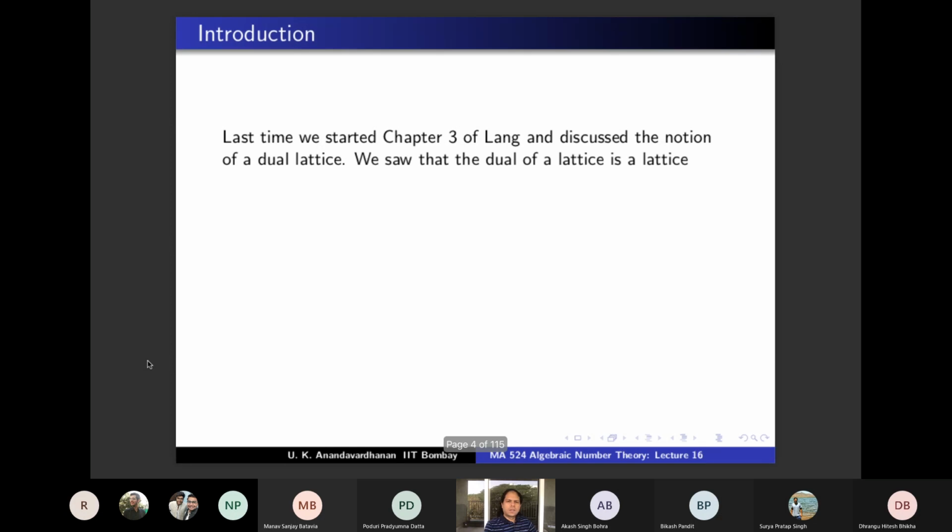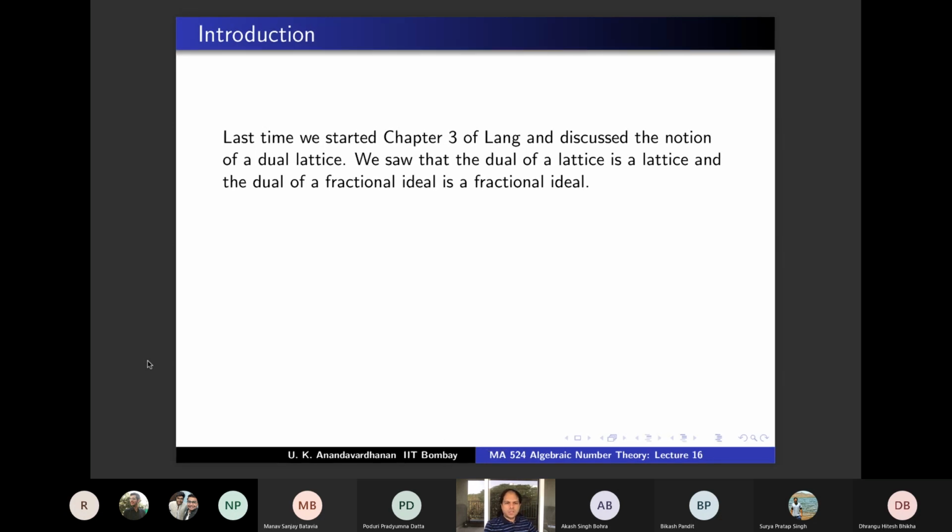And we saw that the dual of a lattice is a lattice. This was easy, using the dual basis: fix an integral basis and take a dual basis with respect to the trace bilinear form.